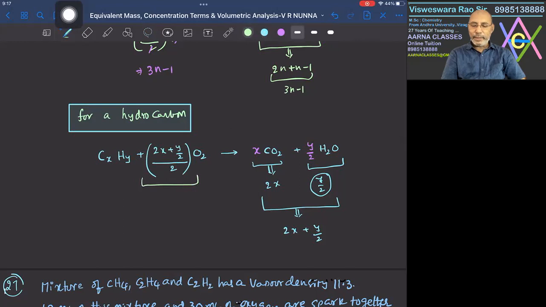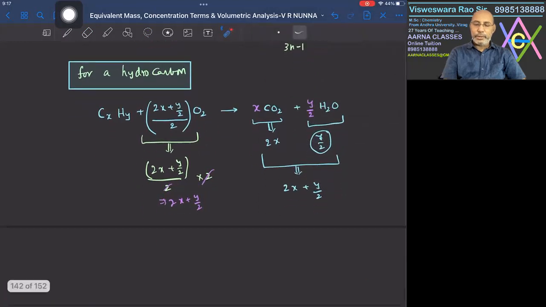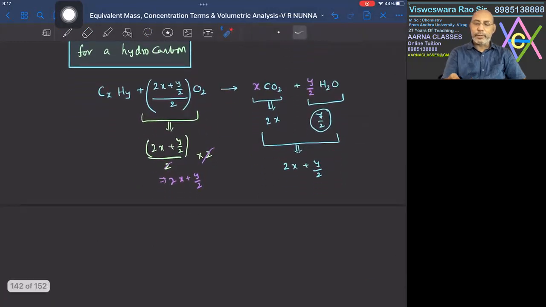It is (2x plus y by 2) by 2 multiplied by 2 with this 2, so the 2 gets cancelled and you get 2x plus y by 2 oxygen atoms. So this side and this side have the same oxygen atoms. I balanced everything.